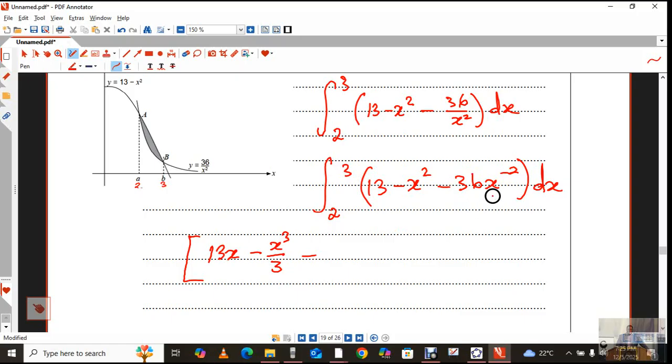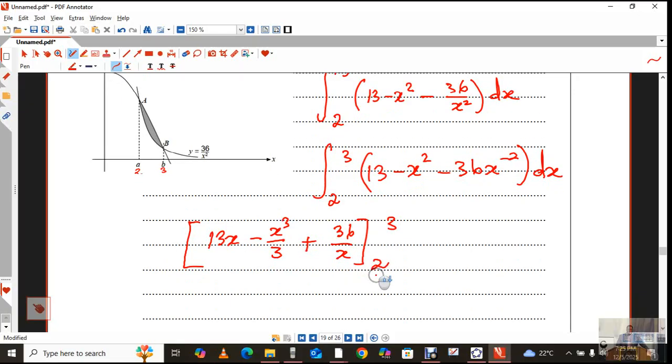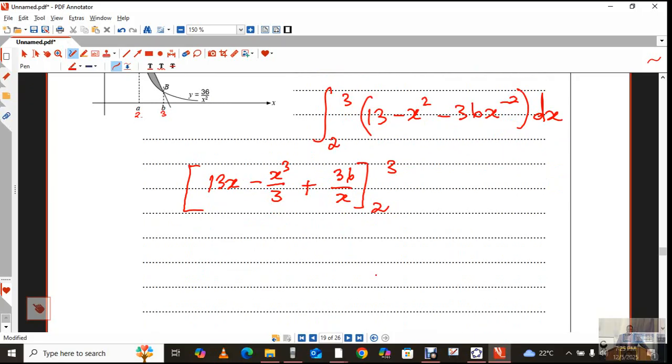Now adding 1 to the power is negative 1, so minus 36 times that is going to be plus 36 over x. Please make sure that you understand that. Okay, we're going to integrate from there to there. So now it's just a matter of substitution.